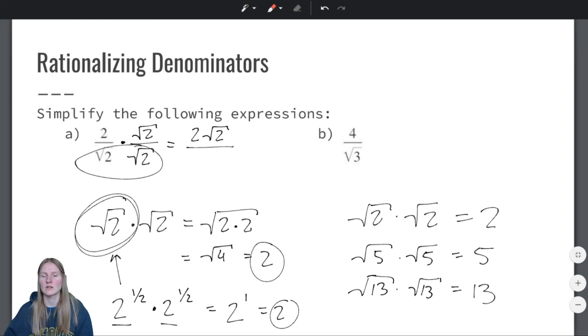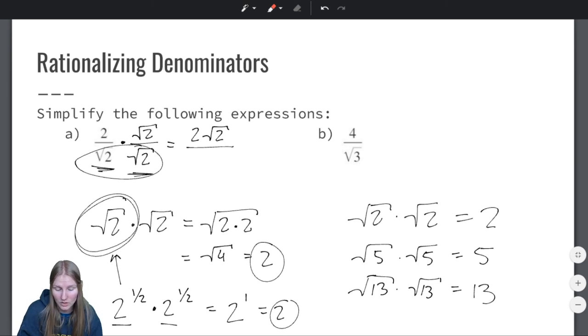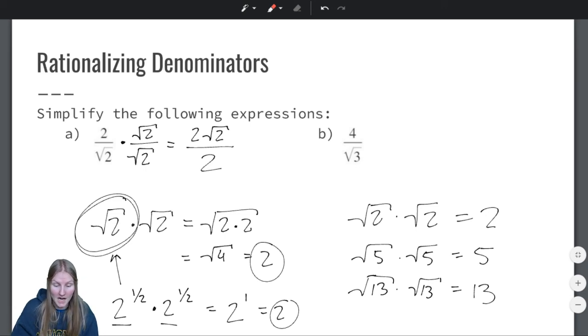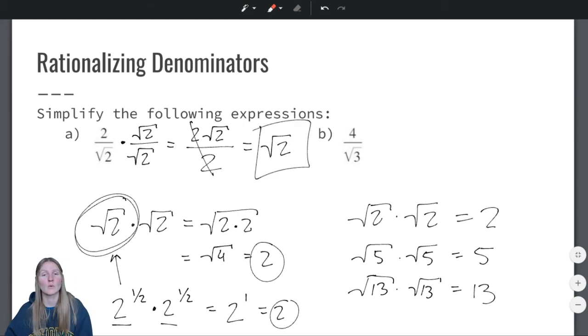So the square root of 2 times the square root of 2 is 2. And hey, look at that. I have a 2 in the numerator and a 2 in the denominator. So those cancel each other out. I get the square root of 2 over 1, but I don't need the over 1. Just square root of 2.